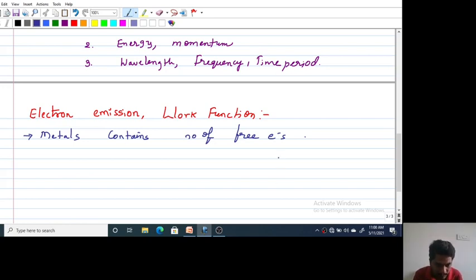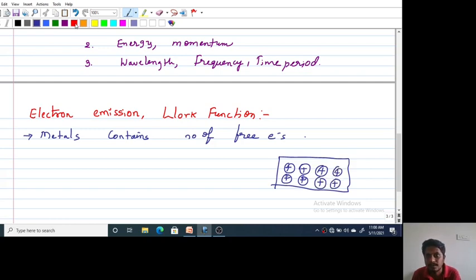If you take a metal surface, and these are the positive ions, nothing but nuclei, at room temperature these electrons move on the surface of the metal.